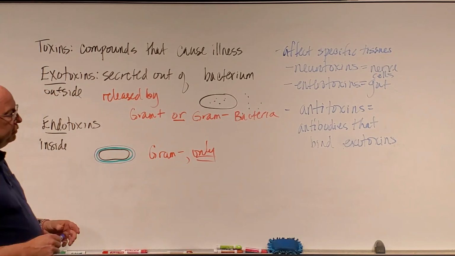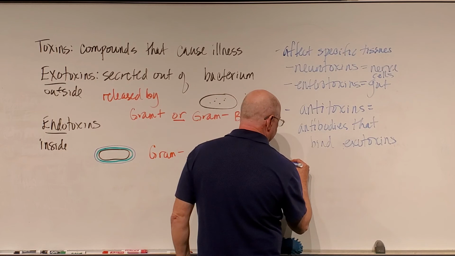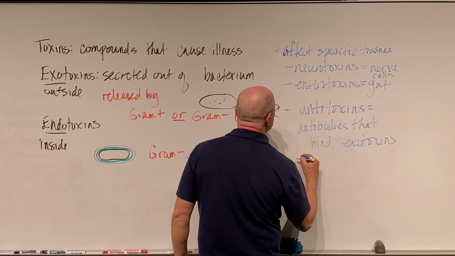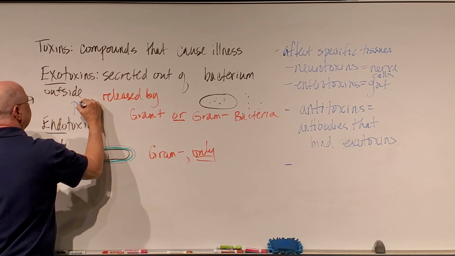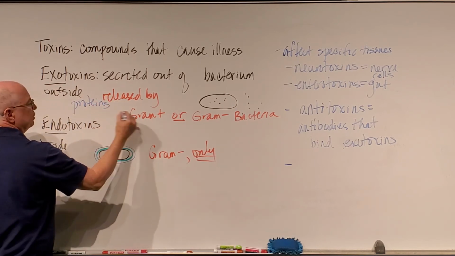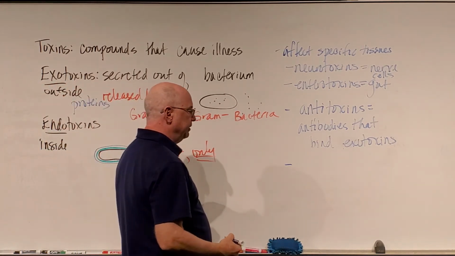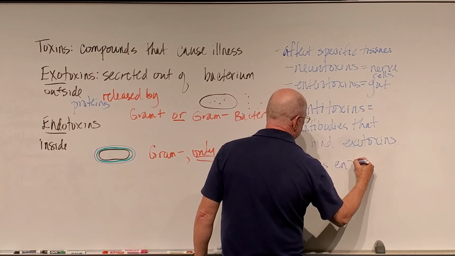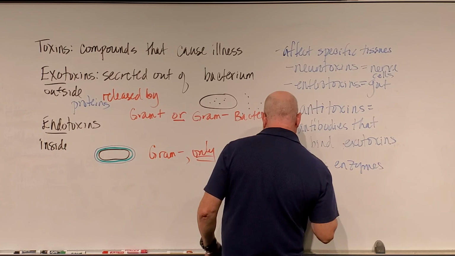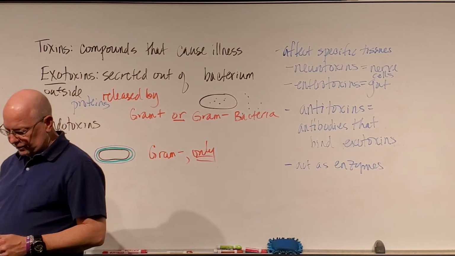And one of the things that we do know is that exotoxins are usually proteins, almost always proteins released by gram-positive or gram-negative bacteria. Some of them can act as enzymes, and they can have a detrimental effect on the host.